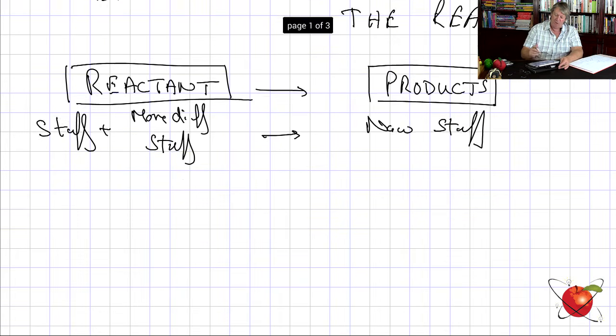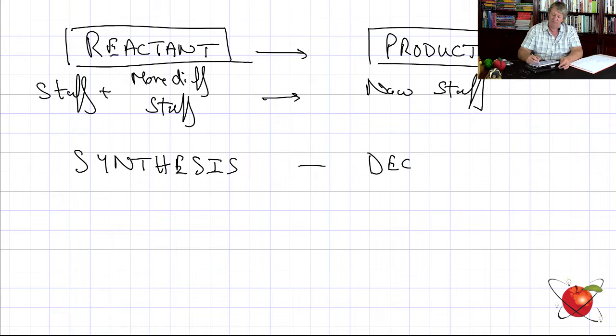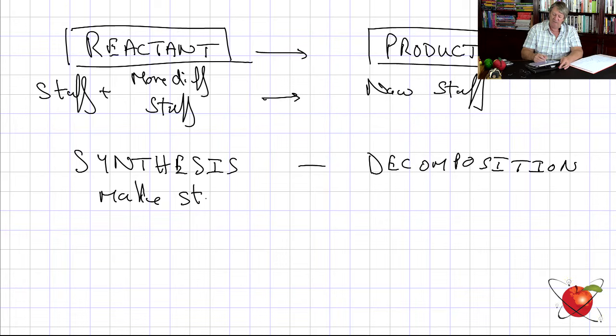Another word that we've got to know. There's two of them here: synthesis and decomposition. This is make stuff, and this is break stuff down. It decomposes.